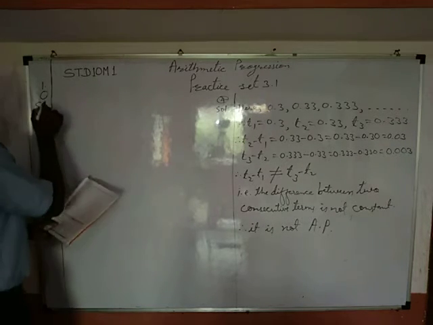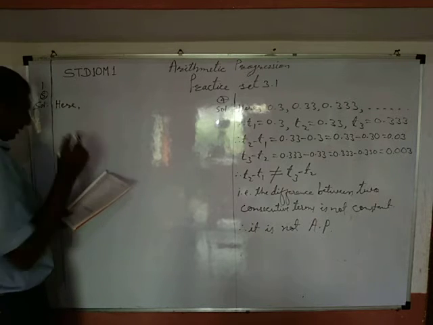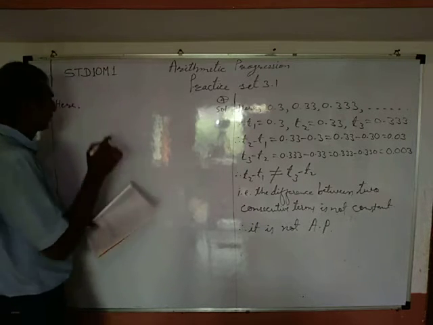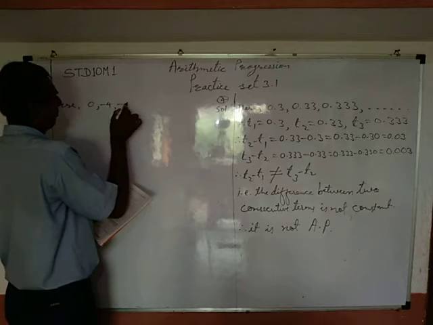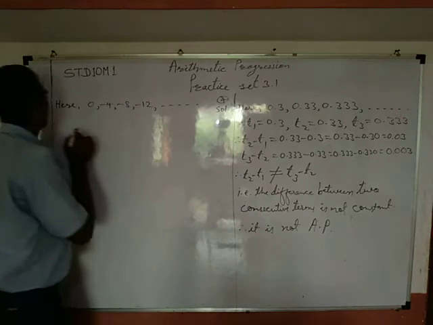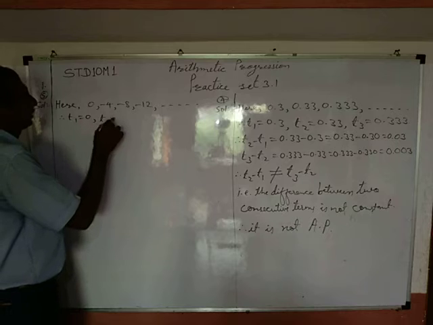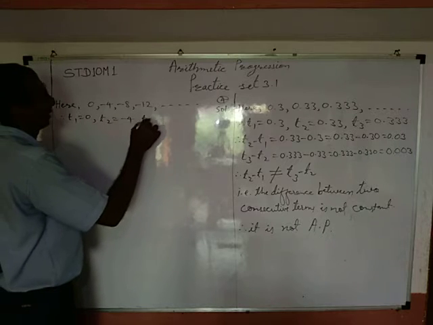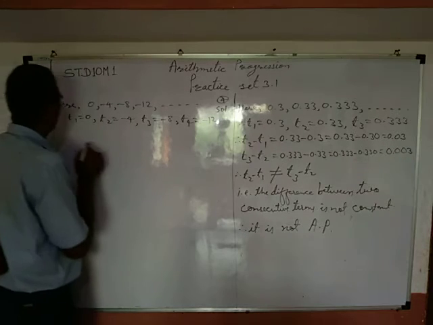Question 5th. Solution. Here, the given sequence is 0, -4, -8, -12, and so on. Therefore, T1 equals 0, T2 equals -4, T3 equals -8, T4 equals -12.